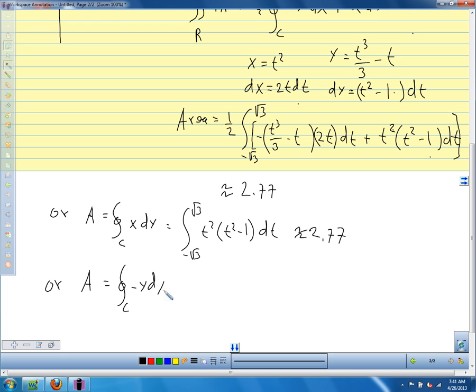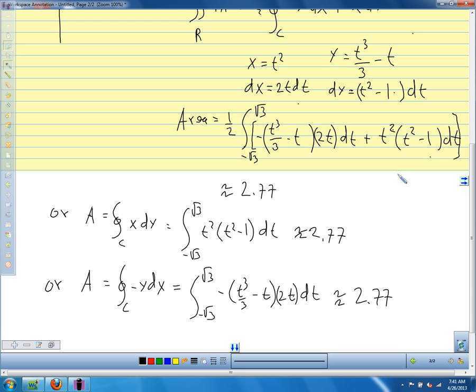And we could also say minus y dx, which is the integral from minus square root of 3 to square root of 3, not quite as easy, of negative t cubed over 3 minus t times 2t dt. And this one also evaluates to about 2.77.